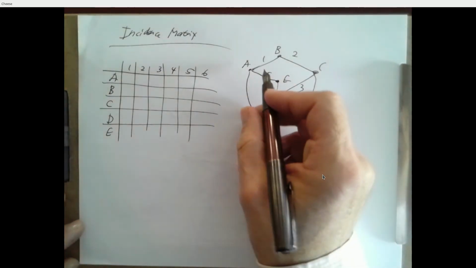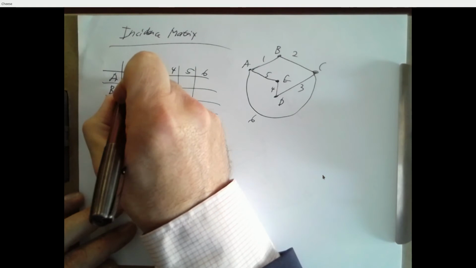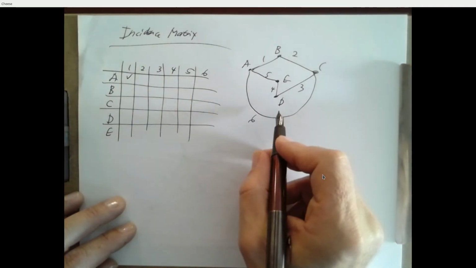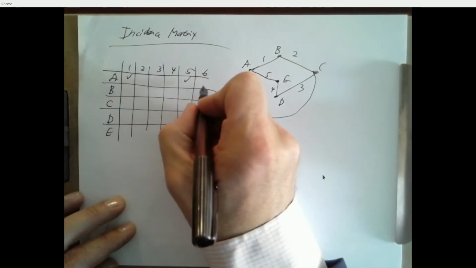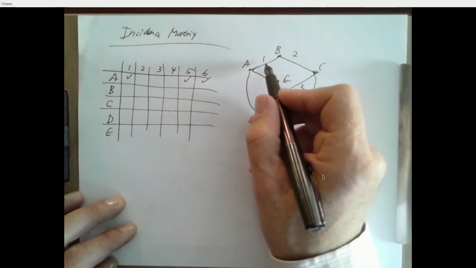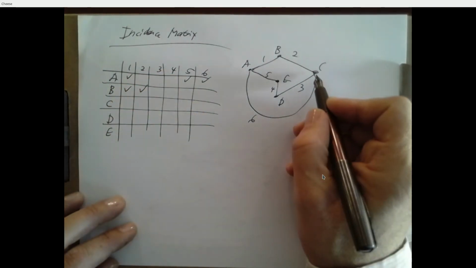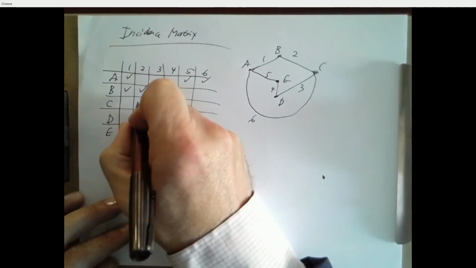So vertex A is incident to edge 1 and edge 5 and edge 6. And vertex B, edges 1 and 2 are incident. Vertex C looks like 2, 3, and 6.